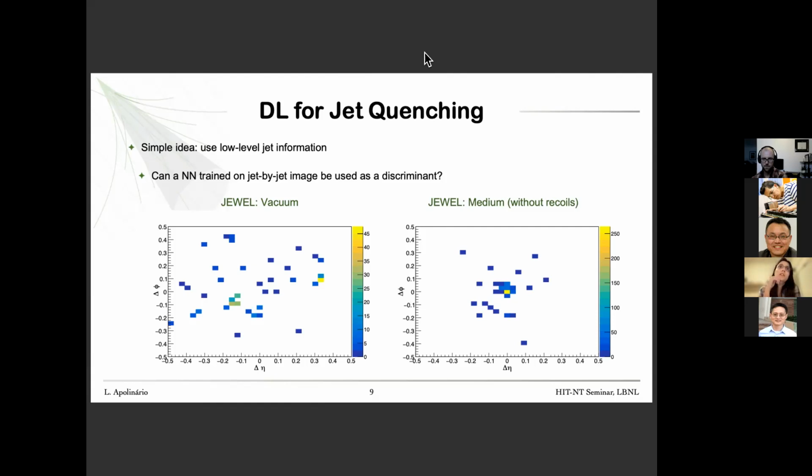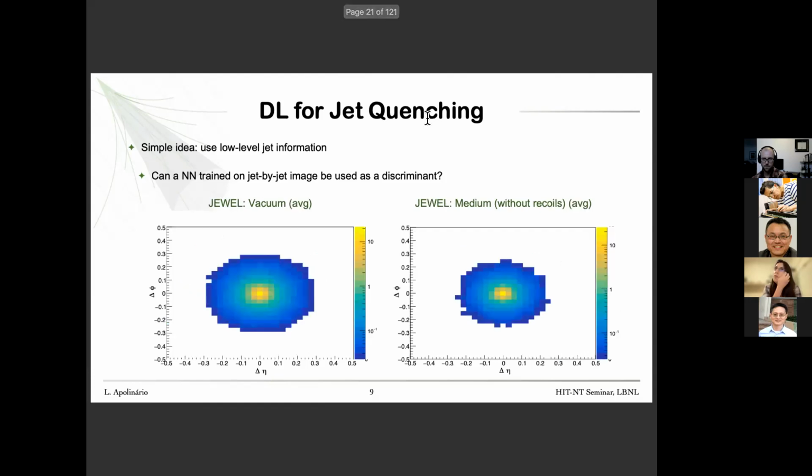As you can see, this is the calorimetric image that we reconstruct from JEWEL. This is an example of the vacuum simulation without medium effects. And this is the simulation when we turn on the medium effects, so the parton shower interacting with the medium, which in this case is described by a Bjorken model, in which, for simplicity right now, we don't consider any recoils. And you see here that, okay, this is one event, it doesn't mean anything.